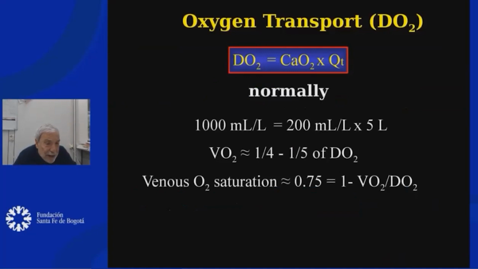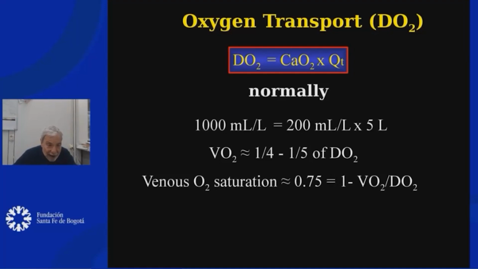And let's see, what is our normal oxygen transport? The oxygen transport is the product of the cardiac output and the arterial content. Normally, we have more or less 1 liter, 100 milliliters of oxygen transport per minute.